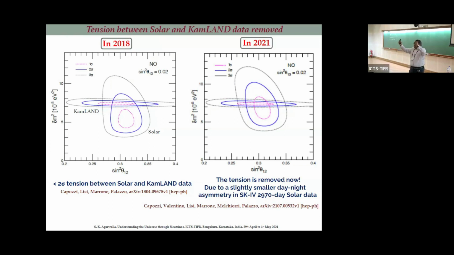When you are taking data from the sun in the daytime, you see the neutrinos directly. But in the night time, these solar neutrinos are passing through the earth, so the earth can play some role. That is called day-night asymmetry, right? Super-Kamiokande, in their solar neutrino sample, have seen this day-night asymmetry. And recently, when they refined their data set, they are saying that the asymmetry is slightly less, which helps to erase this tension. So this is the latest highlight from the solar sector.